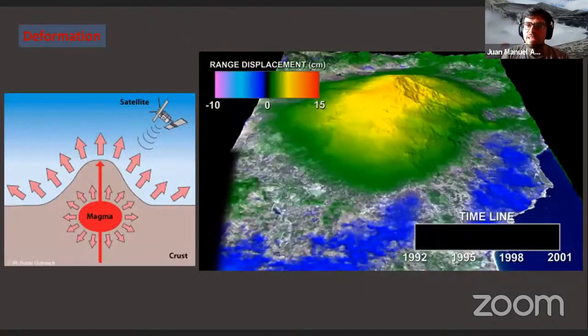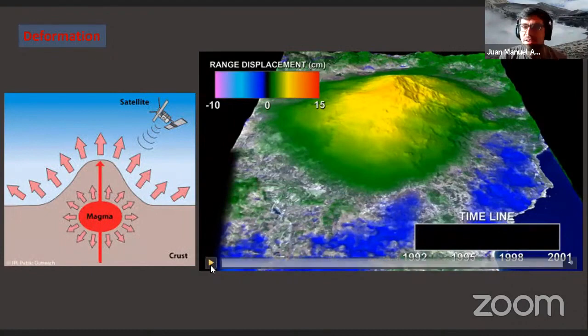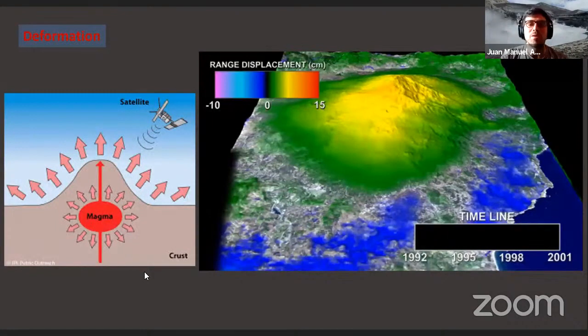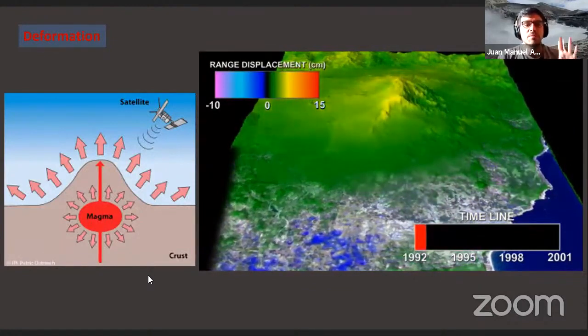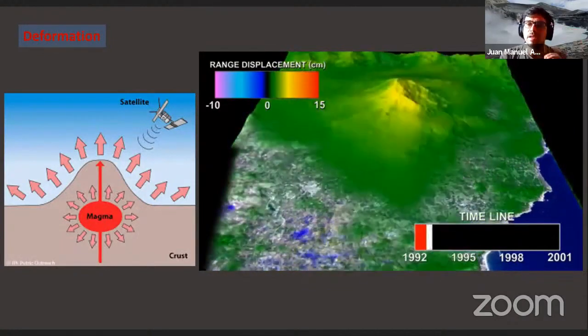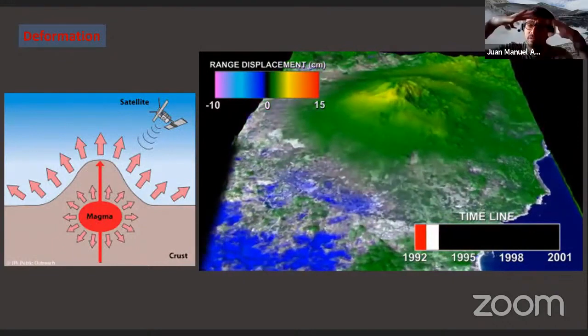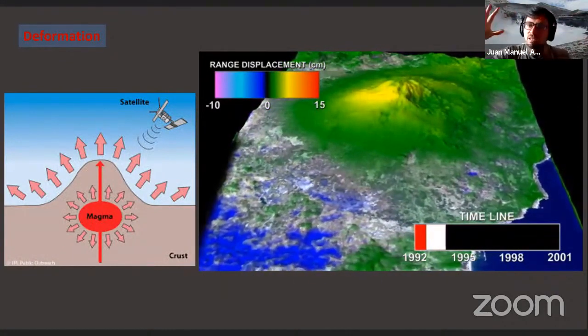And the third technique, the most important technique, is deformation. Now I have another animation for you of the Etna volcano. Why is deformation important? Because when magma rises up to the surface, it can deform the surface of the volcano, it inflates.